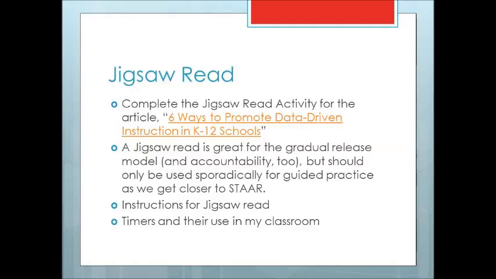After the timer goes off, the students will then report back to each other their annotations and notes and any questions or main ideas that they drew from that particular read. Then, as a whole, they will synthesize and connect those ideas together.